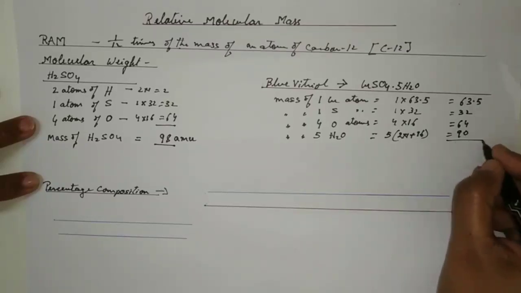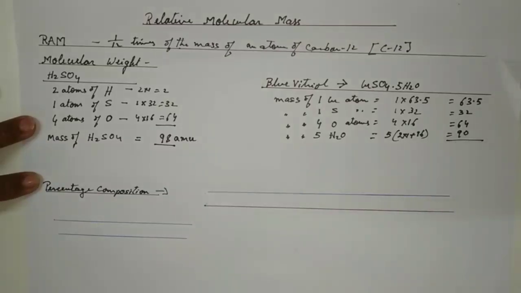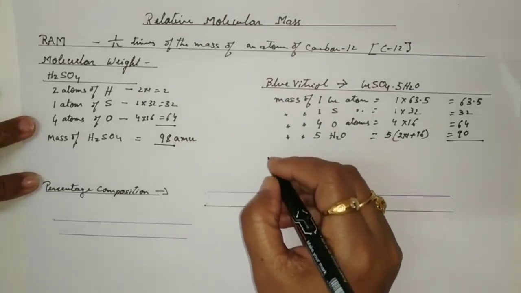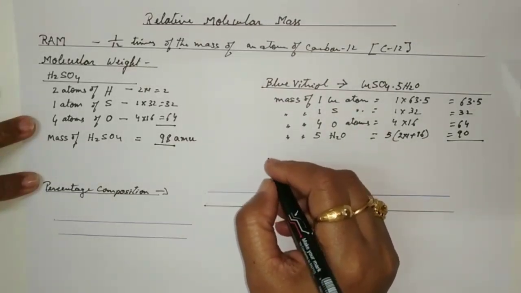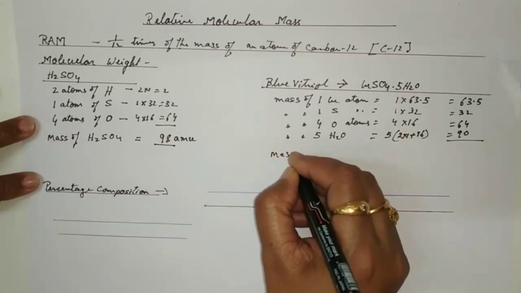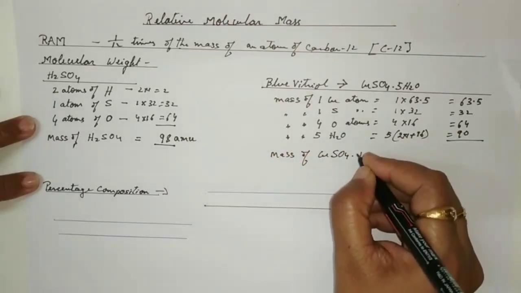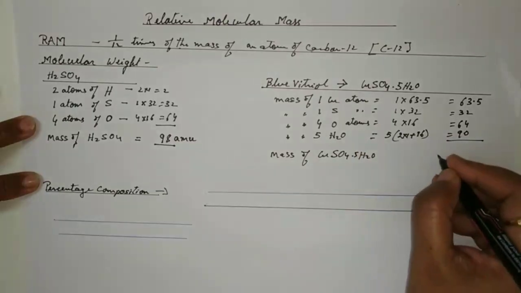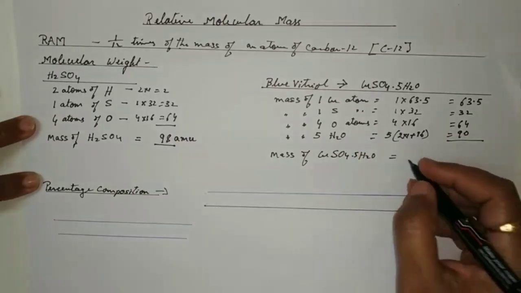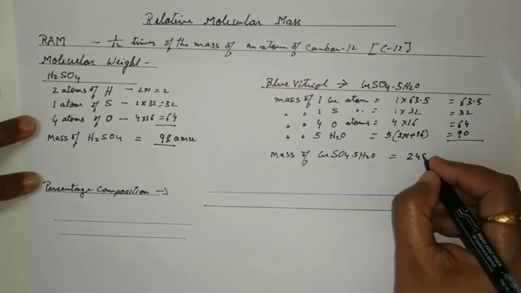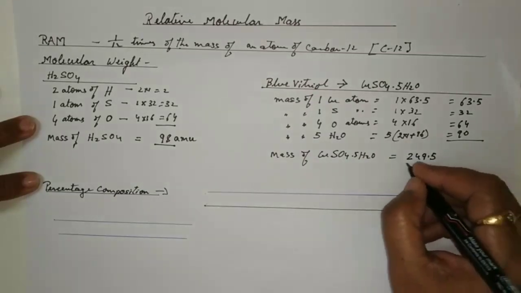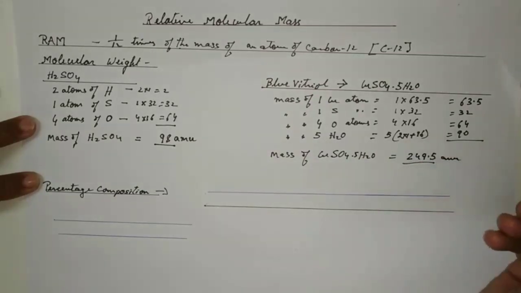So when you add, you will get the mass of CuSO4.5H2O, which is equal to 249.5 AMU.